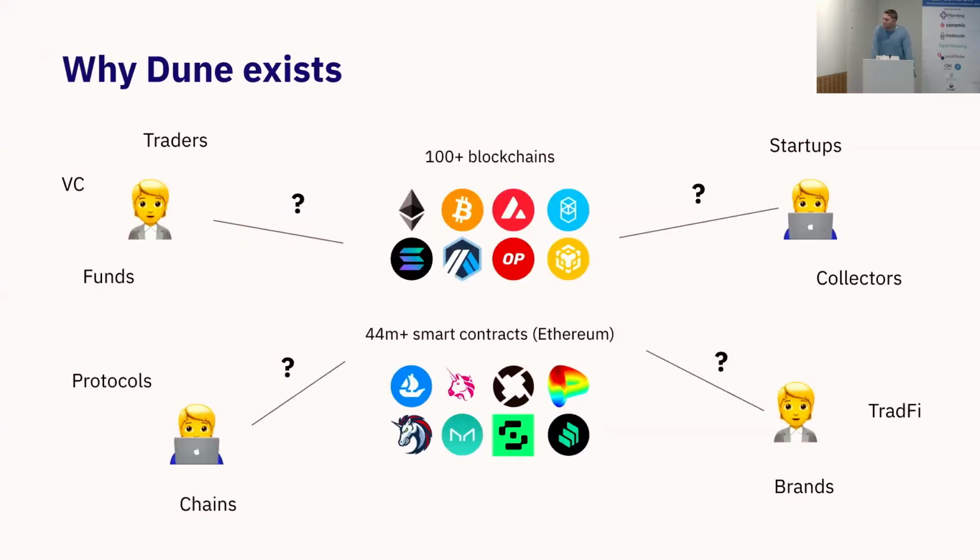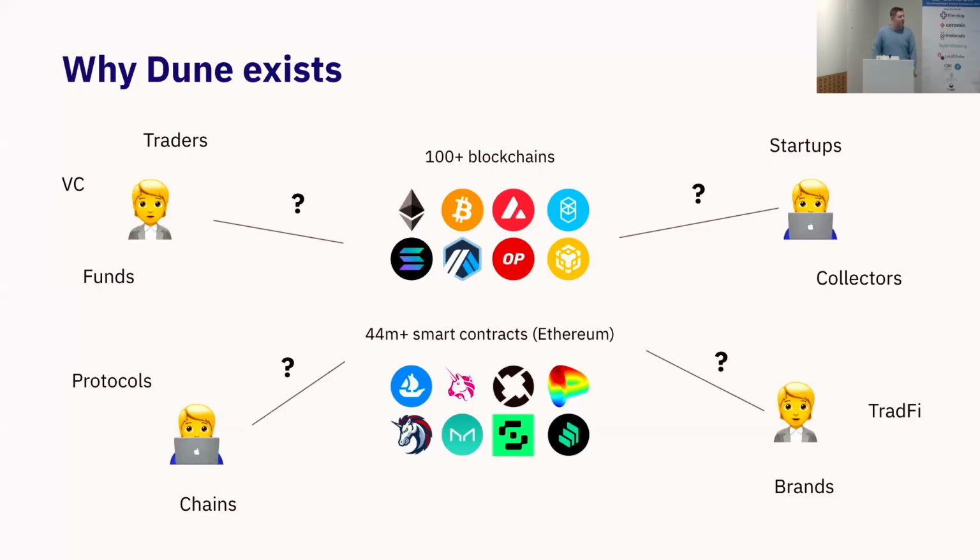So, a quick intro to Dune then. Why does Dune exist? Dune exists because the Web3 crypto space is really, really big and complex. There are 100 plus smart contract blockchains. On Ethereum alone, there are 44 million smart contracts, and not all of them are unique, but a lot of them are unique pieces of software that are doing everything from creating NFTs to running DEXs to running DeSci protocols.